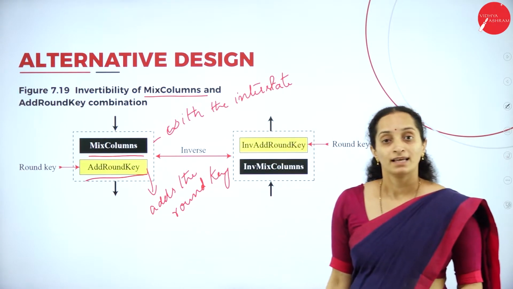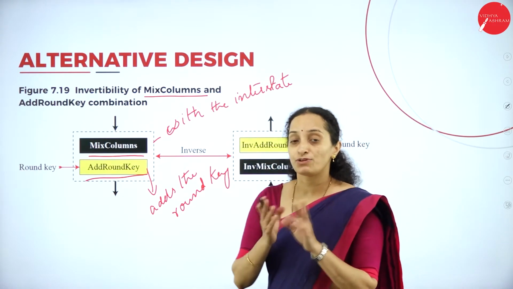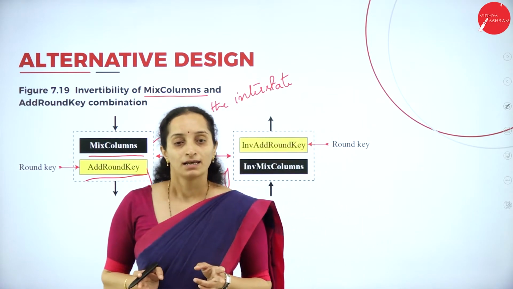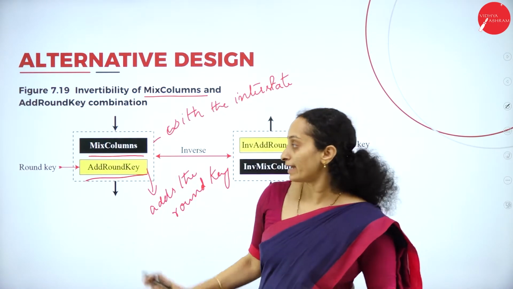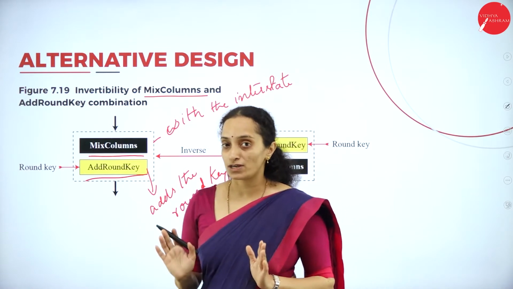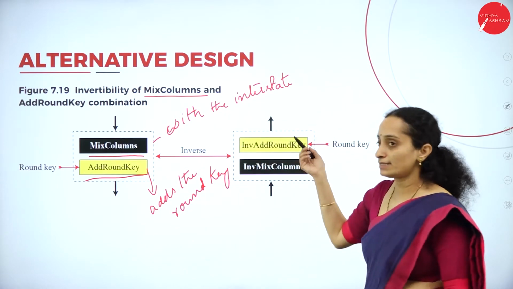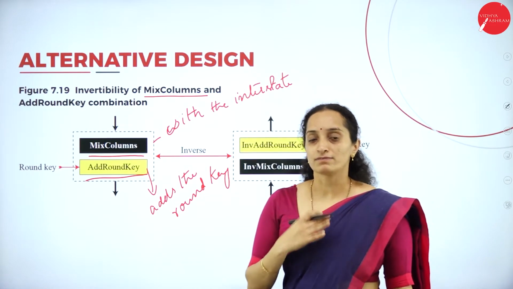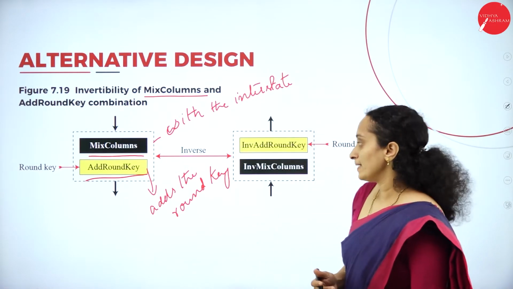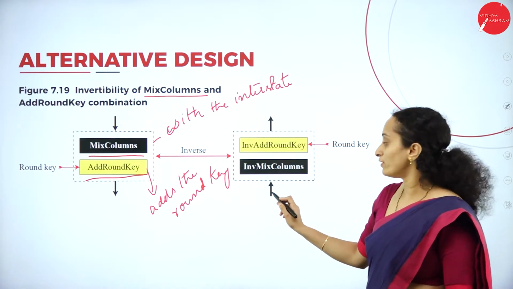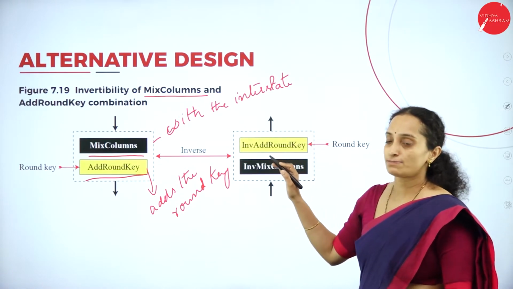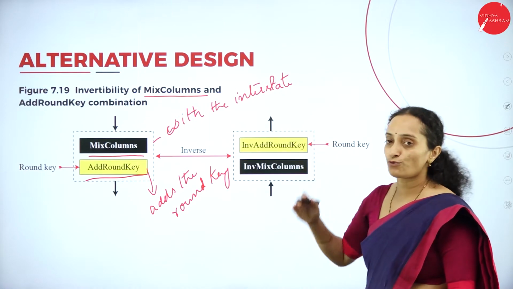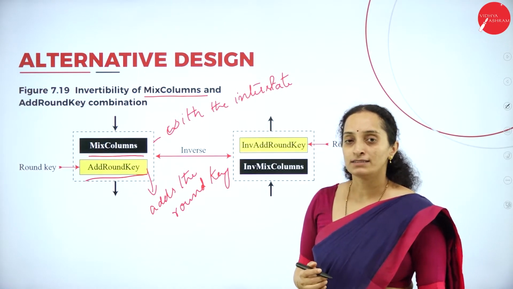That means even though positions are changed and bits are exchanged, they are independent and don't depend on each other. So in this case also we can invert the order of execution of the functions. First we call inverse MixColumns and then go for the inverse AddRoundKey.